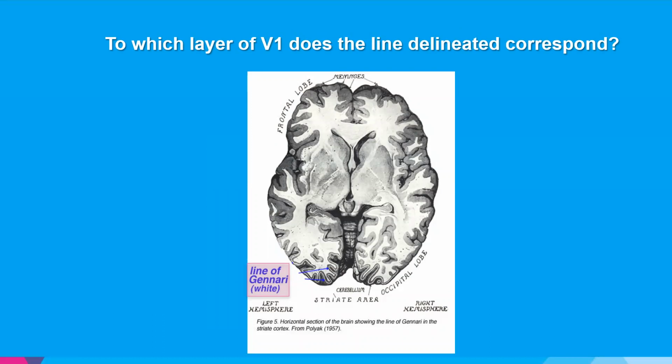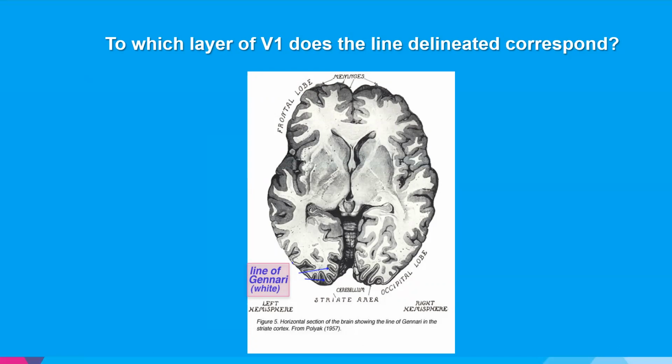I'm pointing to this line of Gennari. What does that correspond to, which layer in V1? If you had to guess. What have we been talking about? Every time I point to V1 and show you 1, 2, 3, 4, 4C, what is this? I'll give you a hint.